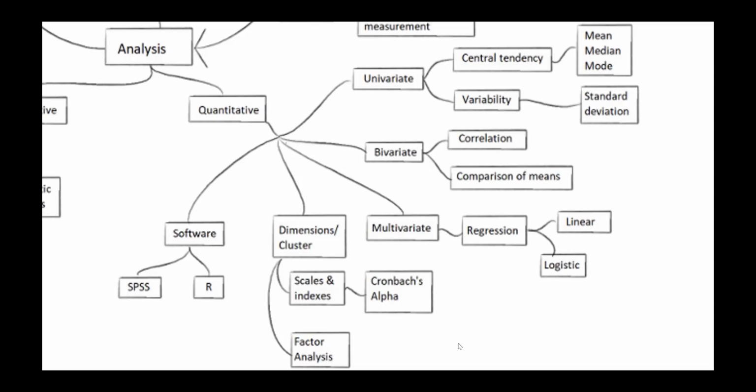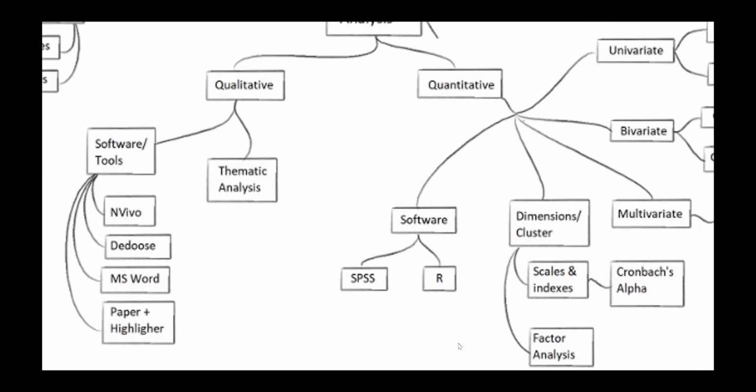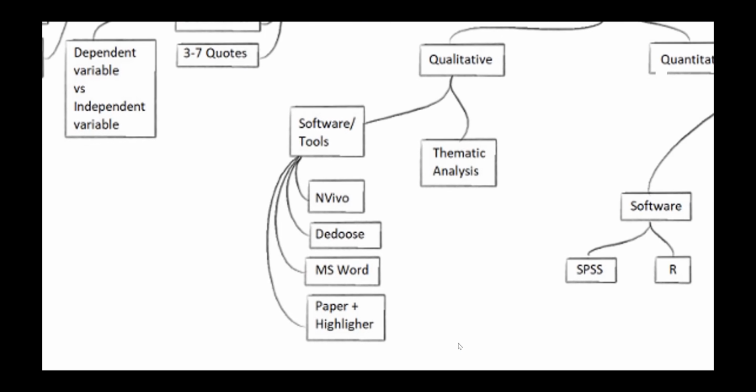So, moving right along, the other type of analysis that we will do is qualitative analysis. With this, the key thing you do is look for themes. Look for recurring ideas, recurring concepts, recurring patterns within the words or pictures you're analyzing.